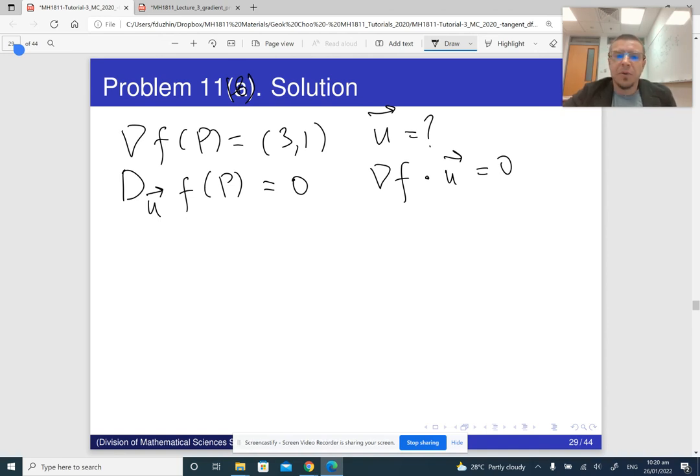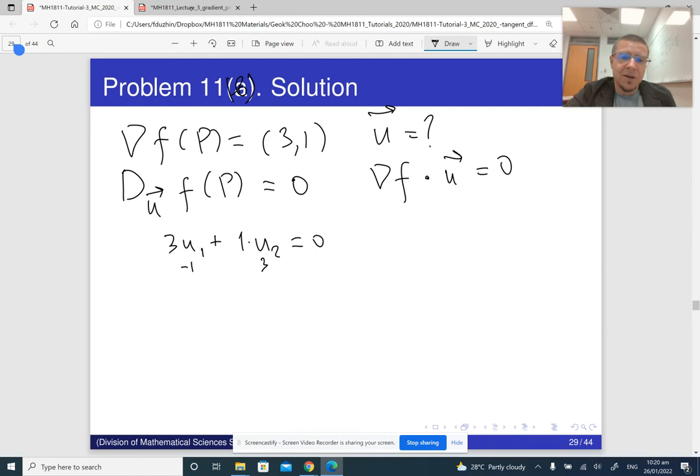It just means that these two vectors are perpendicular. So geometrically they're perpendicular, and at the same time the equation that we have is 3u1 plus 1 times u2 is 0. And it's easy to satisfy this equation. You have the numbers 3 and 1, so you just flip them around and put a negative sign on one of them. So you can write -1 for u1 and 3 here, and it's -3 plus 3, which is 0.